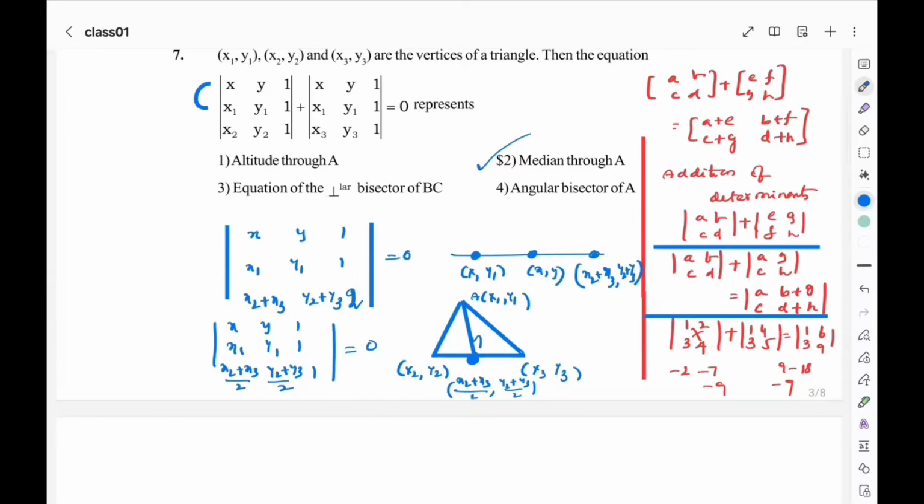One is addition of determinants. The other is that, as in vectors, a determinant being 0 indicates coplanar or collinear. With this we say it is a line passing through the specified points. A line passing through a vertex and the midpoint of the other two sides is definitely a median.